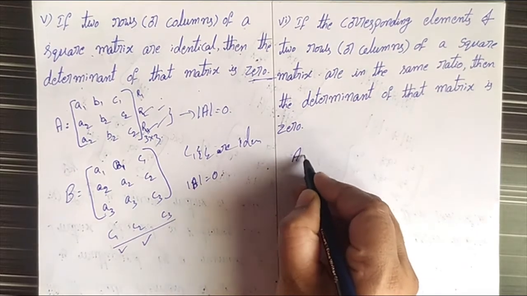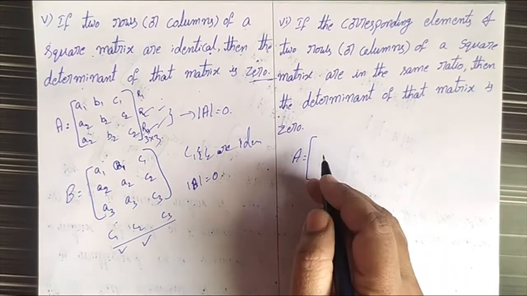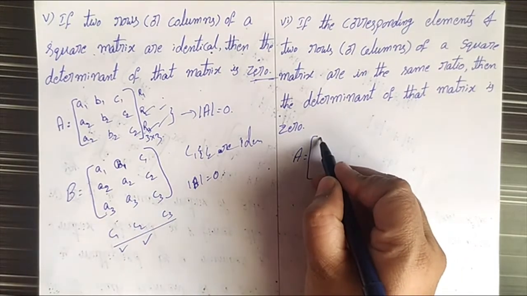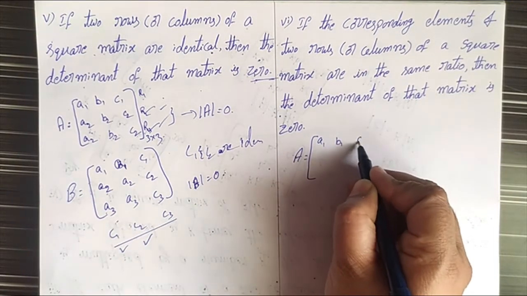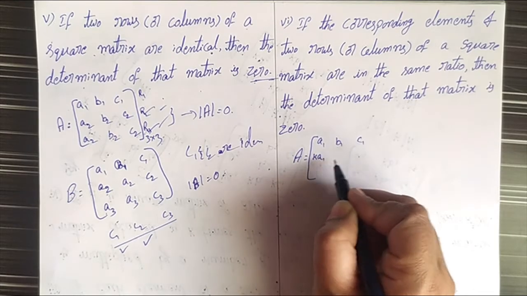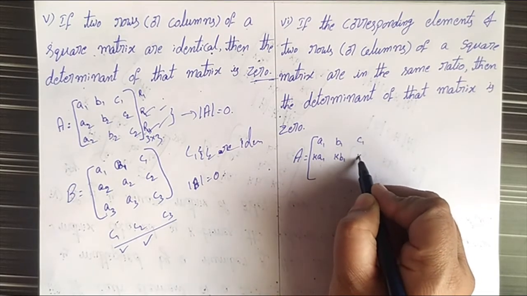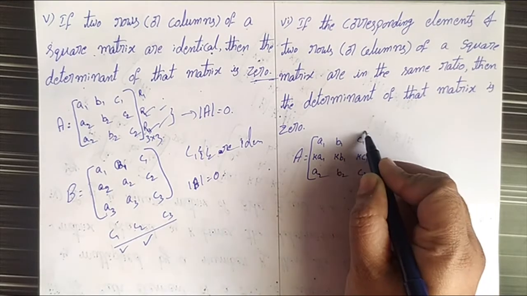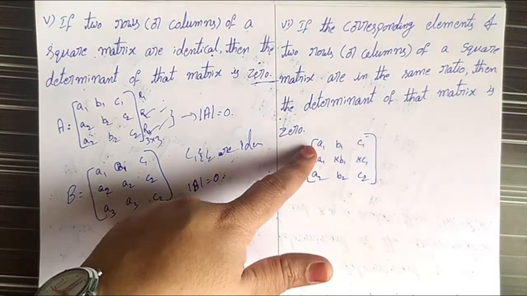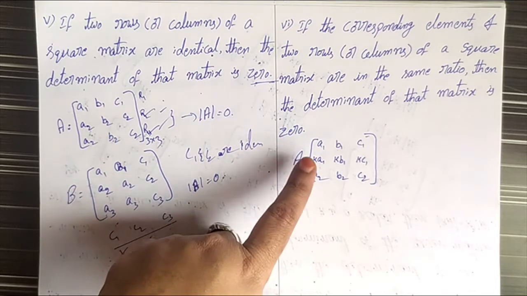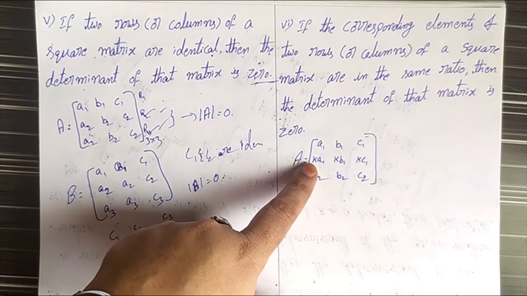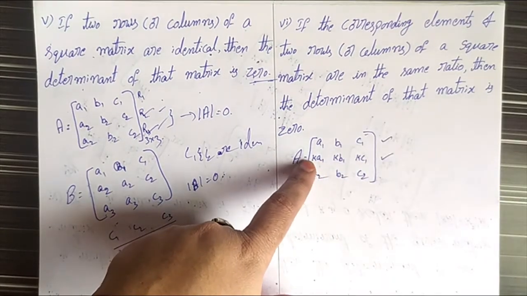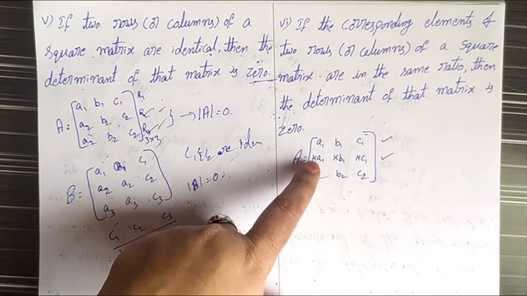That means let A equal to a matrix. Here we take two same ratio rows: a1, b1, c1 and k a1, k b1, k c1, then a2, b2, c2. In this, R1 is a1, b1, c1, and R2 is k a1, k b1, k c1. Then R1 and R2 are in the same ratio.